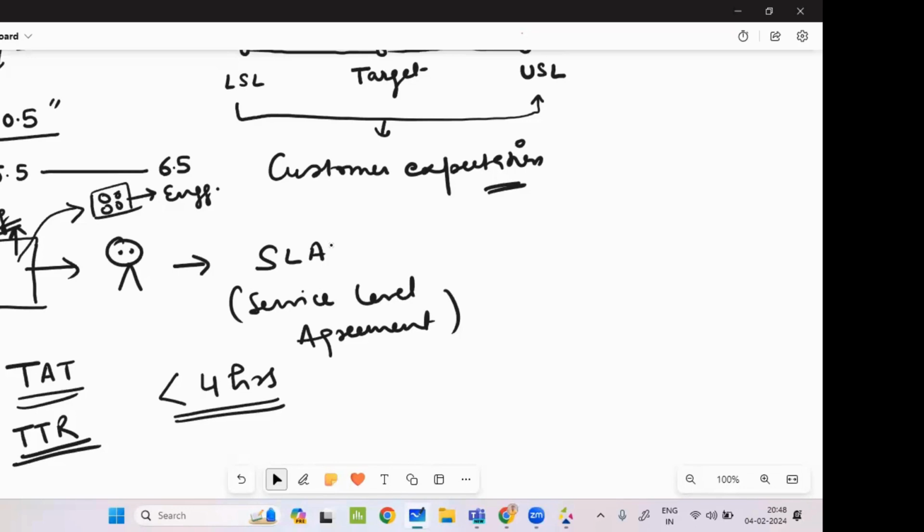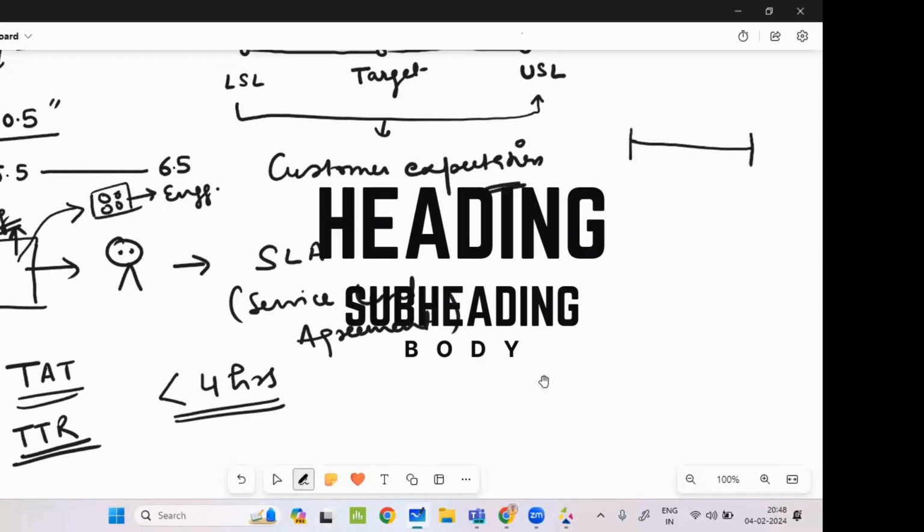It is a similar concept but with a different name. Upper and lower, 5.5 and 6.5. But typically there are two types of specification.